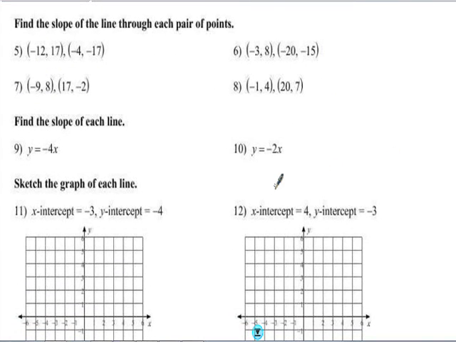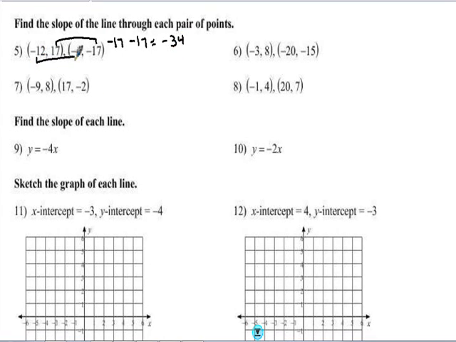Alright, find the slope of the line through each pair of points. So I'm looking for the difference, or how far it is between 17 and negative 17. That's a big difference, big gap there. I don't want to try and figure it out myself, so I'm going to go ahead and do the subtraction. So I have negative 17 minus 17, and that gives me negative 34.